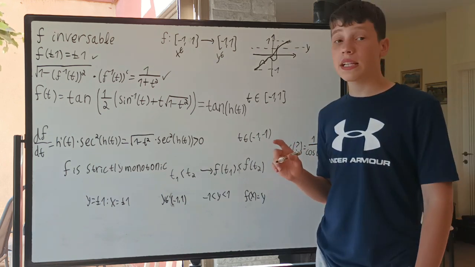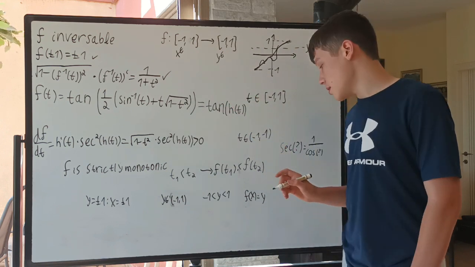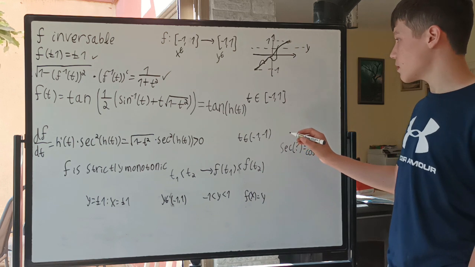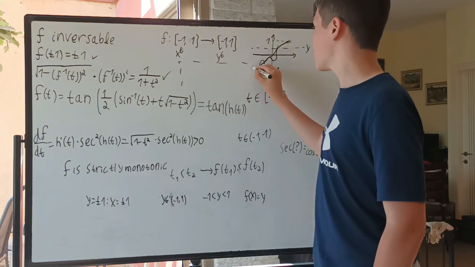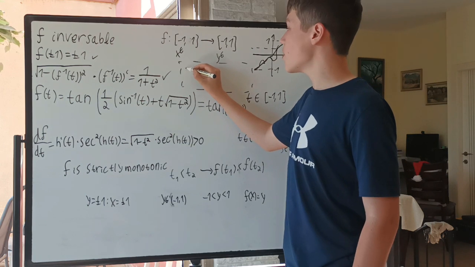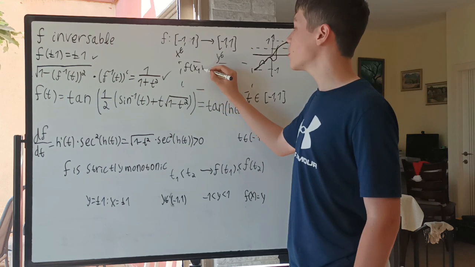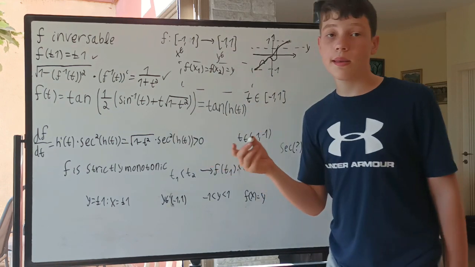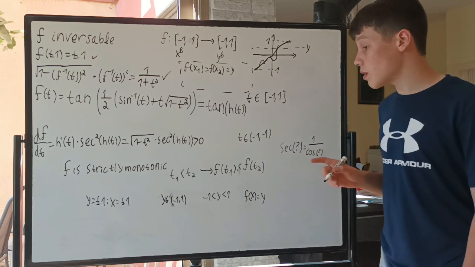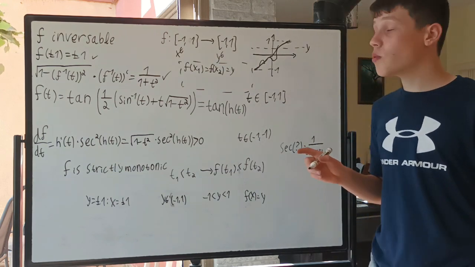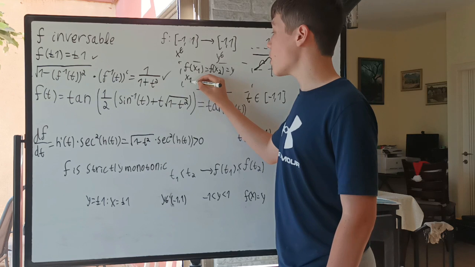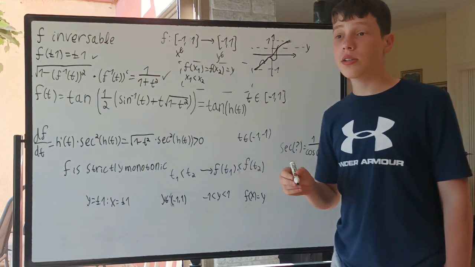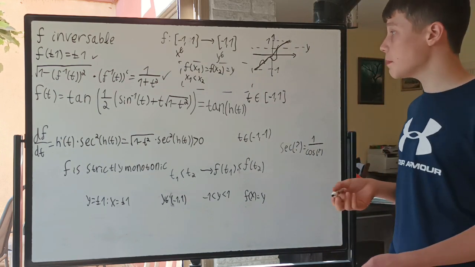Now we want to show that this x is unique. So what we're going to do is, let's do it here. Assume there are x1 and x2 such that f of x1 is equal to f of x2, which is, say, equal to the same y. If we assume that x1 and x2 are different, we can also assume x1 is smaller than x2 without loss of generality.